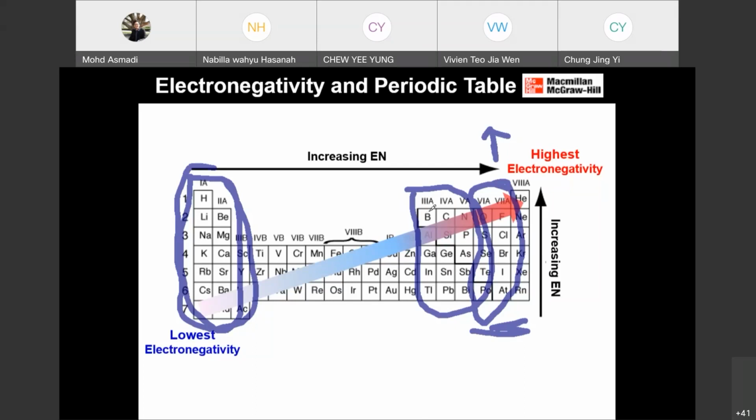Boron, I think this one is a metalloid, and the rest is metal. Carbon is non-metal. This one is metalloid. Silicon, lead is metal. See, so it's a mixture, right? 5A also is a mixture of metal, metalloids, and non-metals.